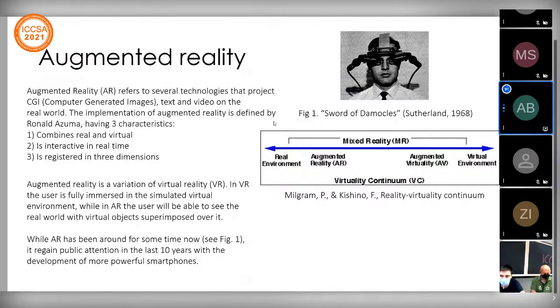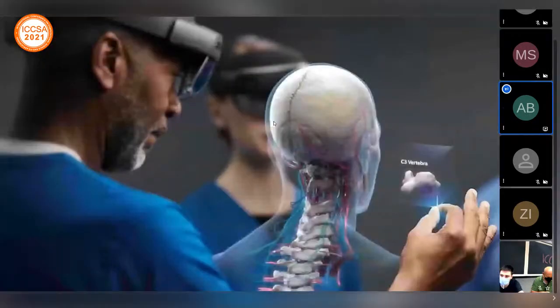It's a variation of VR from the previous presentation. And while the user is not fully immersed in the virtual environment, he can interact with the superimposed objects in the real world. Nowadays, it's regained public attention because of the development of smartphones and even newer the smart glasses.